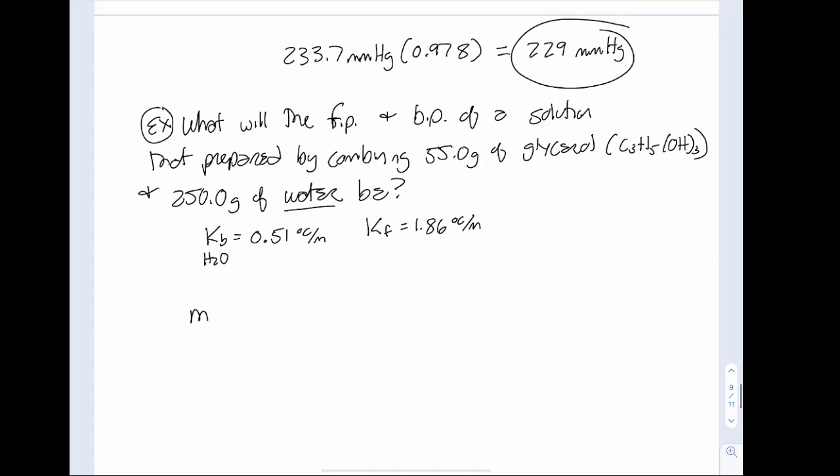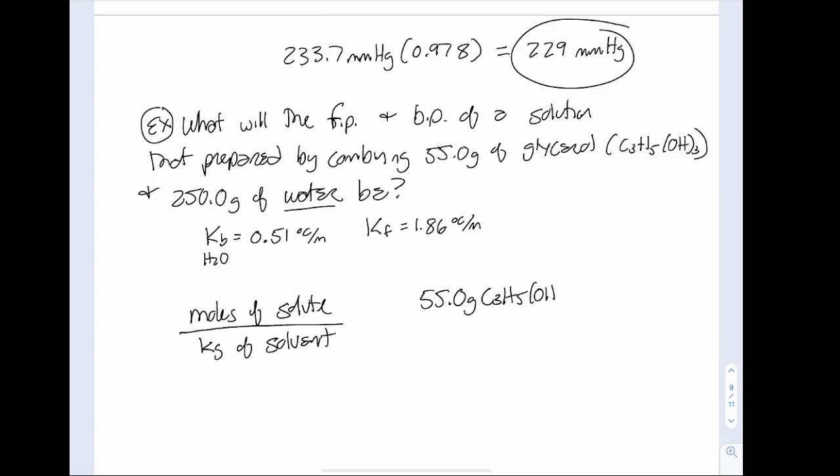So remember, molality is going to be moles of solute, in this case glycerol, over kilograms of solvent, in this case water. So I do need to convert from grams to moles of glycerol. So I have 55.0 grams of C3H5OH3. We need its molar mass, so we'll calculate that real quick.